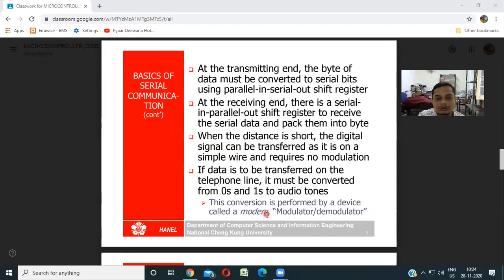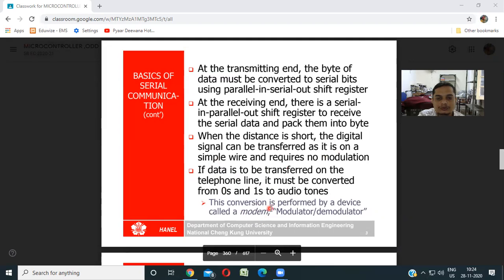This conversion is required if the data has to be transferred over a long distance. For long distance, we require the modulation techniques, and the data has to be converted into 0 and 1, and this conversion is done by a device called a modem.